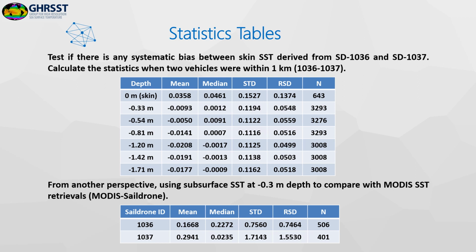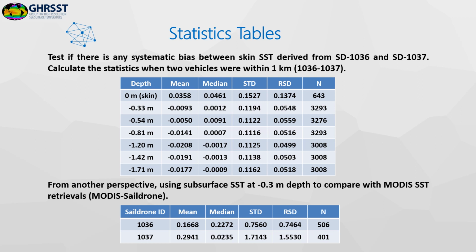Given the results in the table, no distinct systematic errors between the SST data from the two Saildrones are found. So such differences in metrics are likely due to sampling issues, considering the different atmospheric conditions experienced by 1036 and 1037.